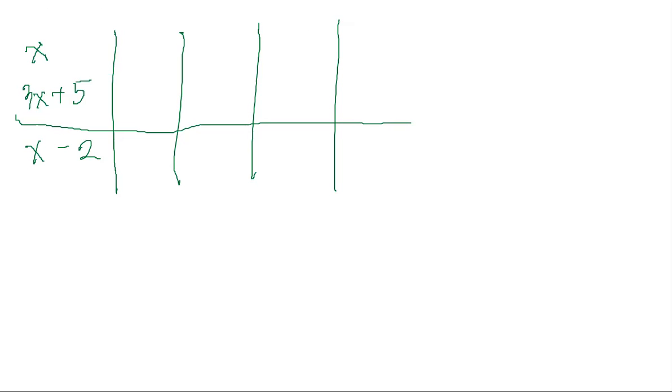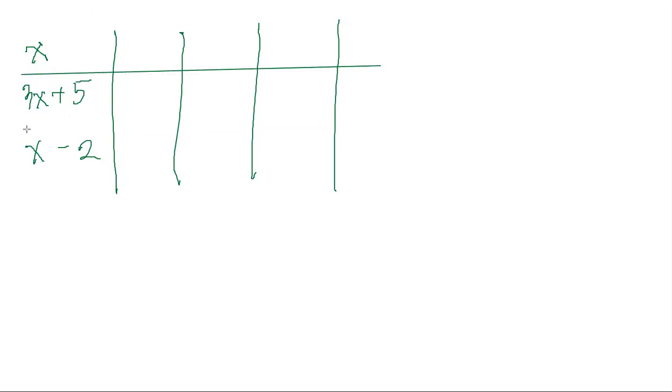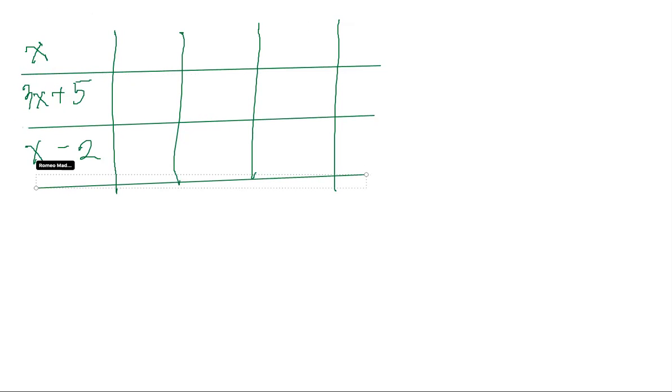Let's use the straight lines here. Okay, here we go. The zeros, we need to arrange in increasing order. So we have negative 5/3, 0 and 2, and 0 here, 0 here, and 0 here.